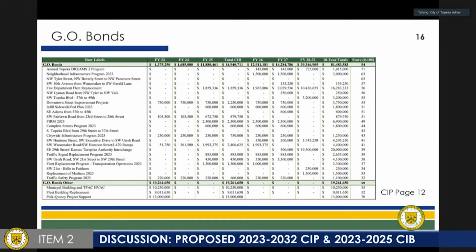You'll see for the top section, just under about $1.4 million is what's being requested for geo bonds in 2023. $1.7 million in 2024. And then you see us get back to the normal $9 to $11 million a year after that, because the ARPA money then would have been exhausted. Down below, I told you there were 3 projects. We'll talk about those here in a little bit.